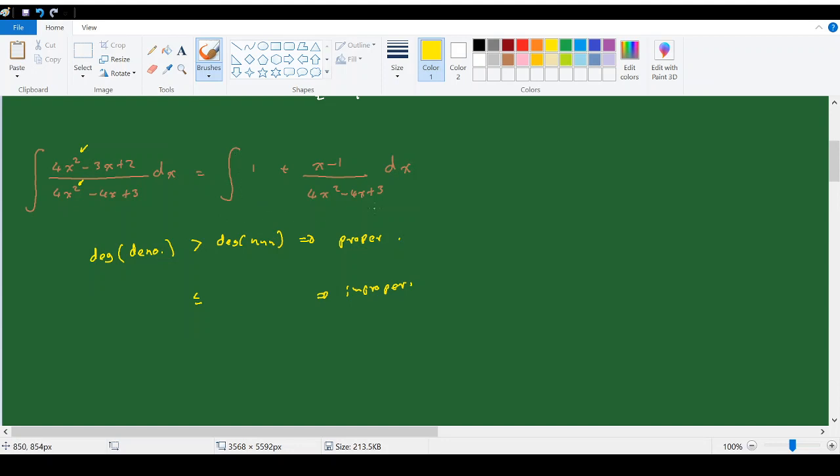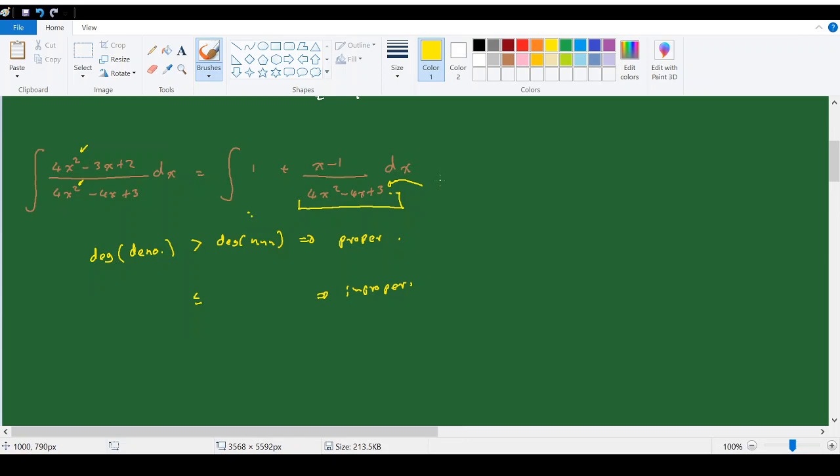Now once we do the long division, we are at this position with these two terms. But here the thing is, you can see that for this term what we normally do is we do the integration by parts. But the problem here is for this term, this is an irreducible quadratic term, okay?